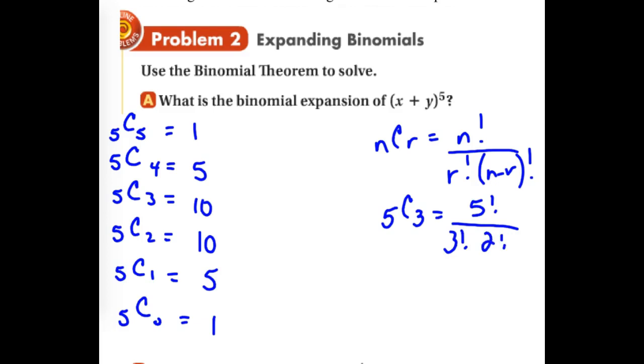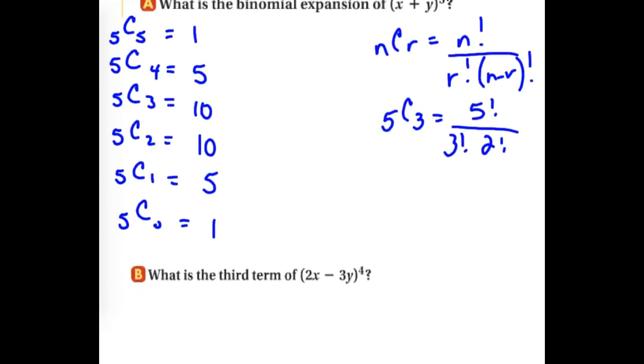For permutations, like 5P4, you just multiply 5 times 4 and so on. It'll be the same thing here, we just don't have this extra factorial in the bottom.